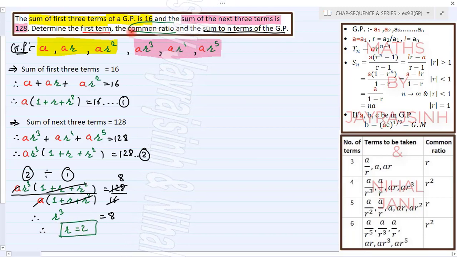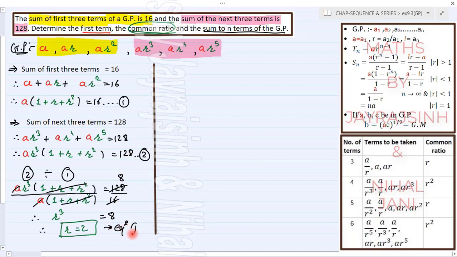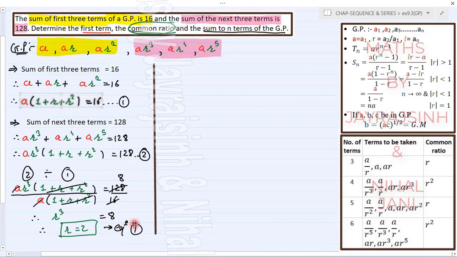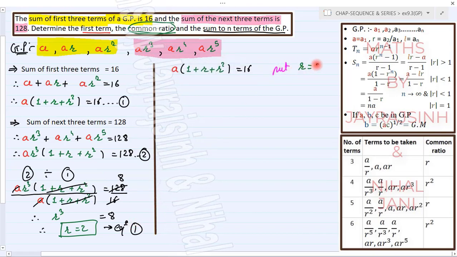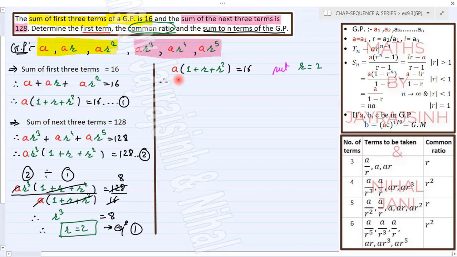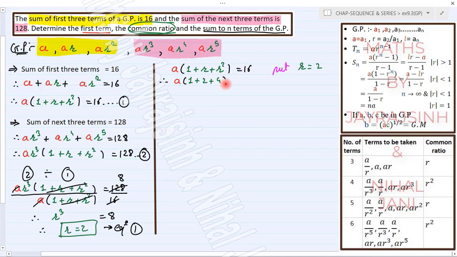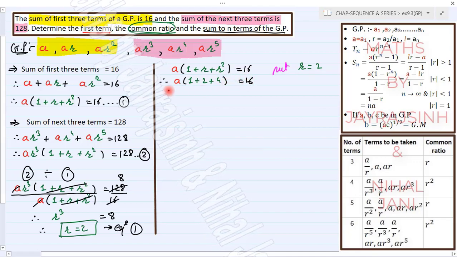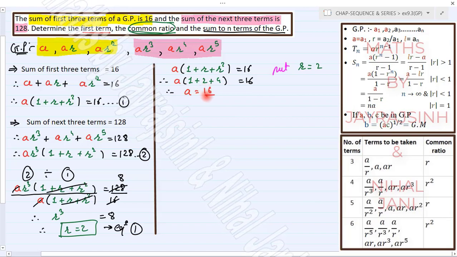So we get our common ratio. Now to get the first term, let's use the first equation and substitute the value of R. So you will get A into 1 plus 2 plus 4 is equal to 16, or we can say your A will be equal to 16 by 7.